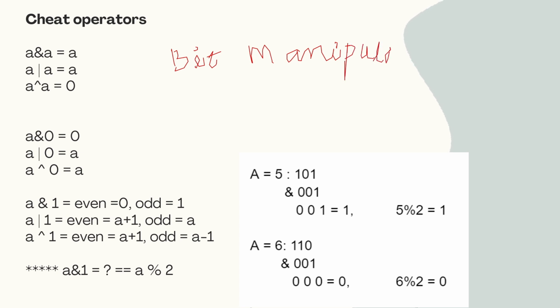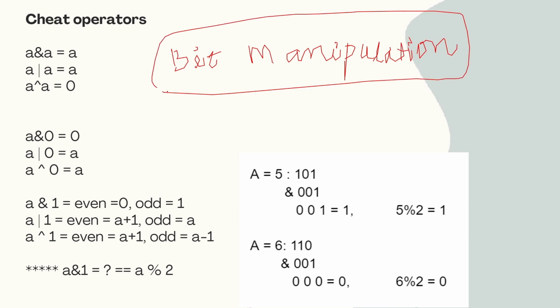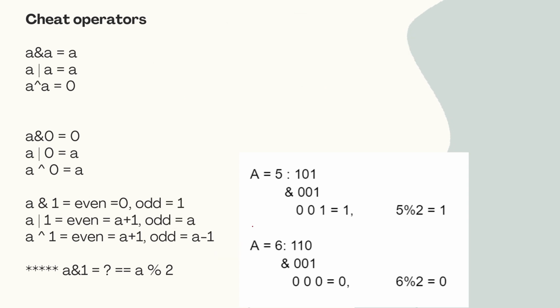We'll try to play with these bits as much as possible. So that's why I'm trying to give some basic understanding about bitwise operators. The remaining operators, you know them, right? You could have done many basic programs in your programming. So that's why I'm talking about bitwise operators.